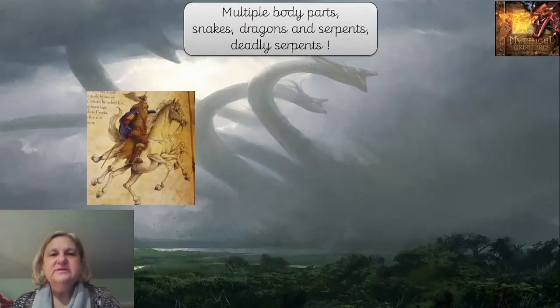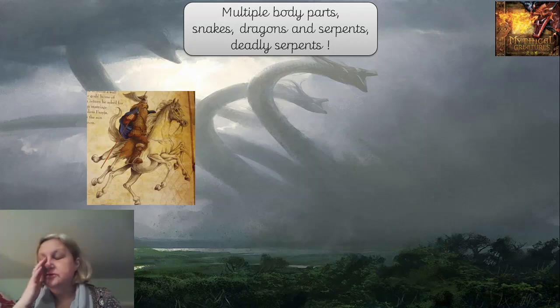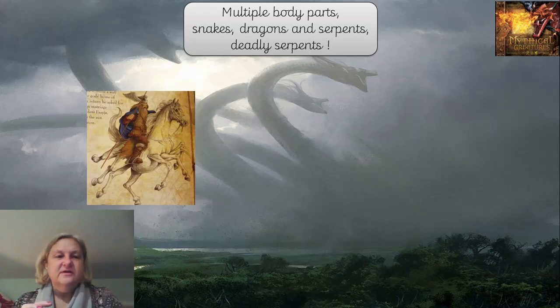So we've got multiple body parts that you can use on your animal. So, don't think that, for instance, you can have 2 heads. You can have, with this horse here, this has got 8 legs. If you look at them, you count them, 8.